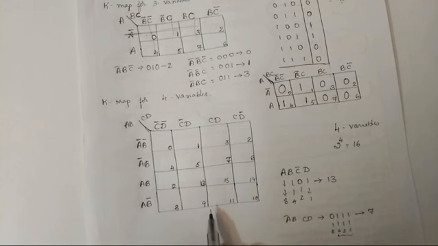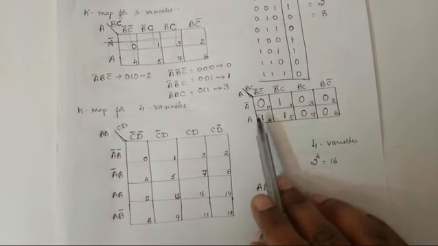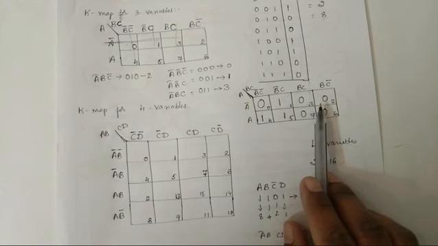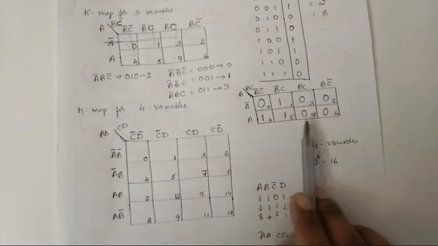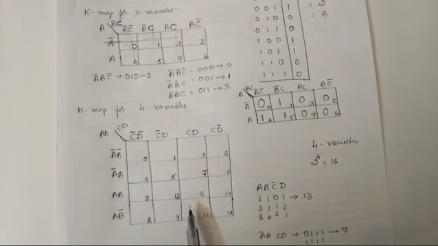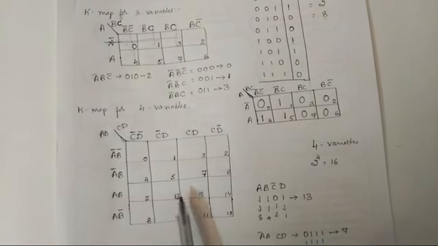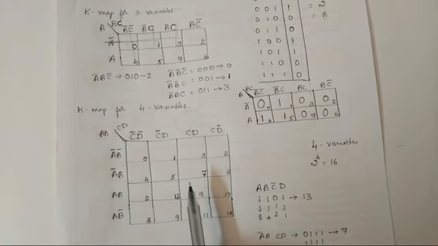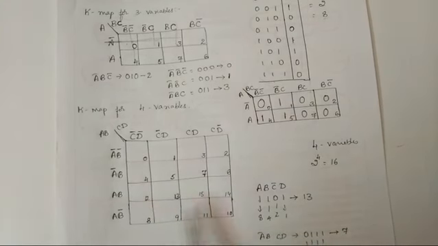We can enter the outputs, like we have entered the output for 3 variables here, right? Similarly, we can enter the output values here, and we can group. In the next video, I'll tell you how to group the values that we enter here.